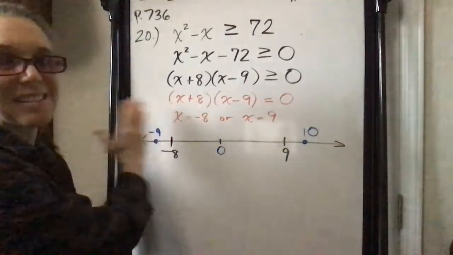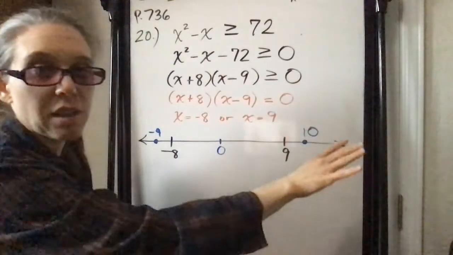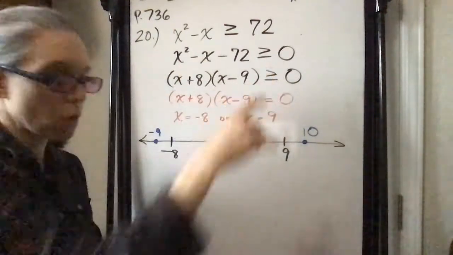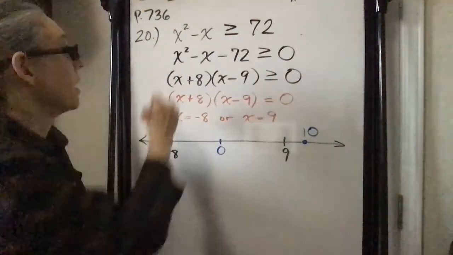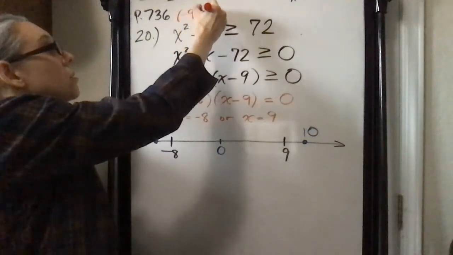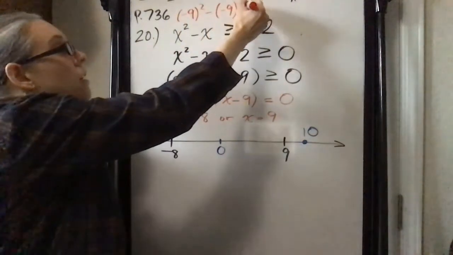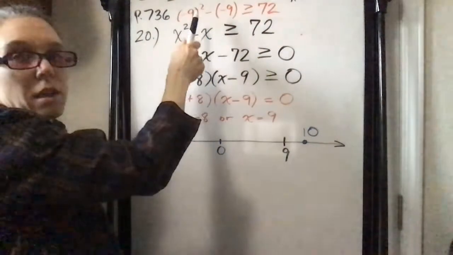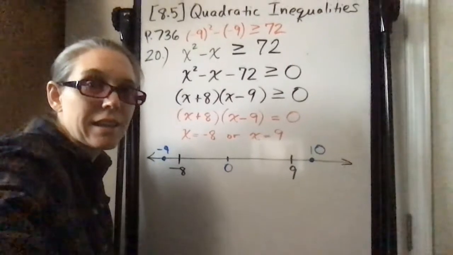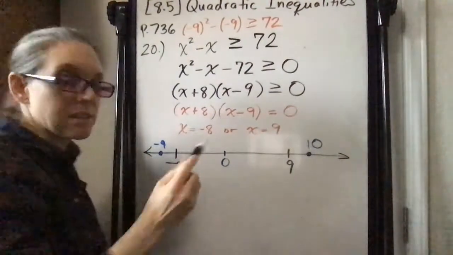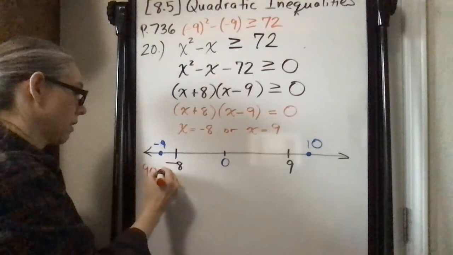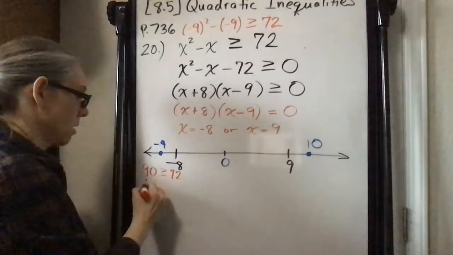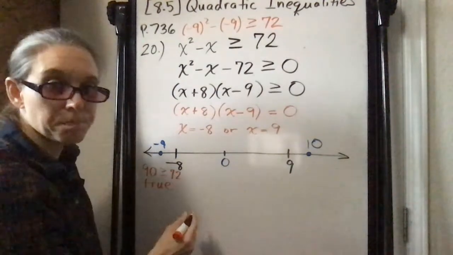And now we're going to test each of these 3 regions. We're going to see if they're true or false by plugging in these values back into the original inequality. So let's start with -9. -9 squared minus -9 greater than or equal to 72. So this is 81 plus 9. 81 plus 9 is 90. So 90 greater than or equal to 72 is a true statement.